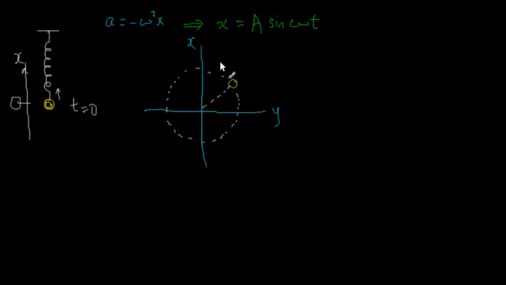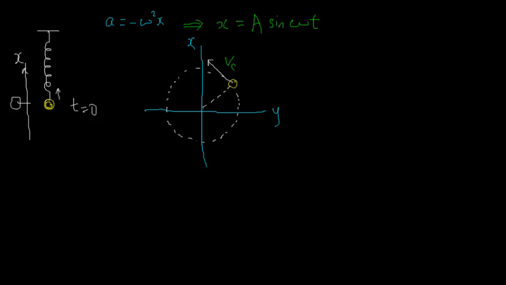Now I'm going to think about the velocity of this ball. I'm going to call this the speed of this circular motion v c, to distinguish it from the velocity of the simple harmonic motion.